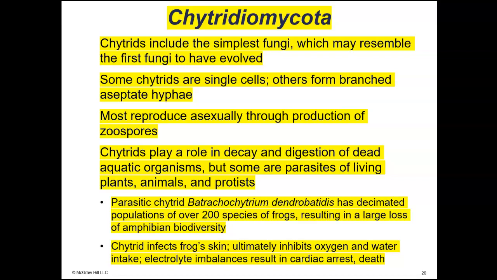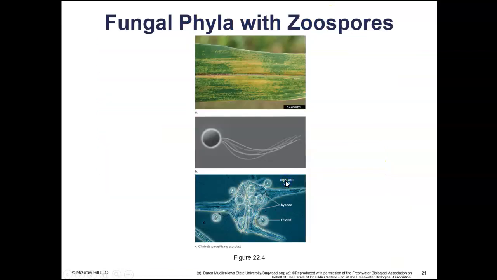This species has decimated populations of frogs all over the world. Because it infects the skin of the frogs, it inhibits their intake of oxygen, and it suffocates them. They finally die from it. Here's a picture of a zoospore here in the center, picture B.